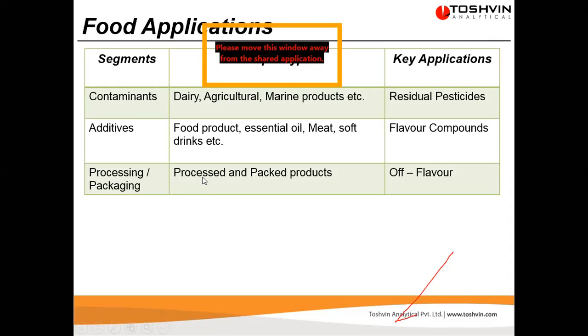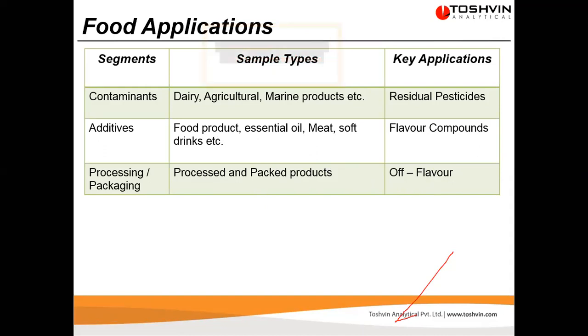In processing and packaging, flavor analysis of processed and packed products can be done, like packaged drinks and packed items. Due to preservatives, if any odor is coming, you can do that analysis through GC, again through headspace analysis or through a liquid extraction technique.